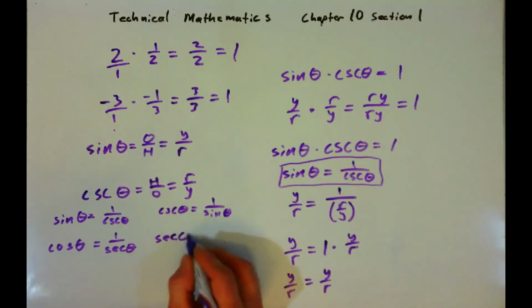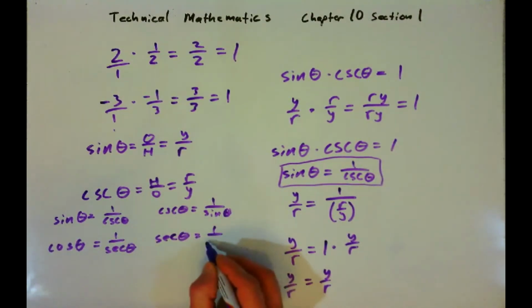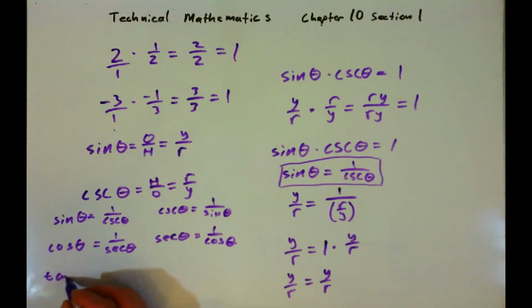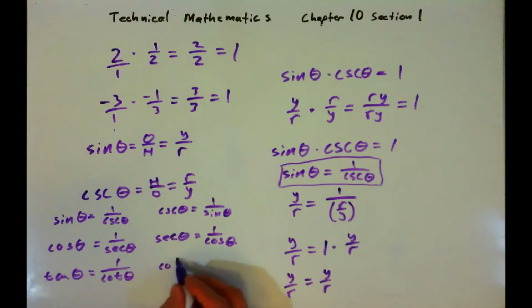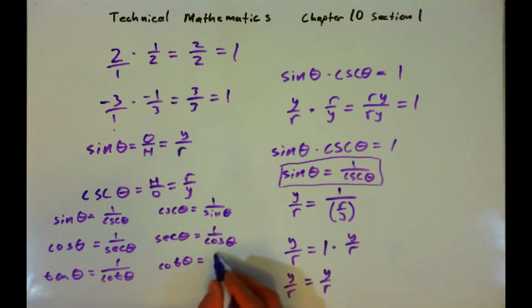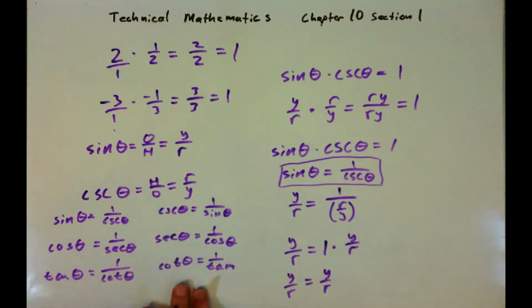And that means that the secant of theta also must be equal to 1 divided by the cosine of theta. And then finally, the tangent of theta is equal to 1 divided by the cotangent of theta. And that means that the cotangent of theta must also be equal to 1 divided by the tangent of theta. And so we call the 6 trig functions reciprocals of one another, right? Sine, cosine, and tangent have reciprocals of secant, cosecant, and cotangent, and they are reciprocals of one another.